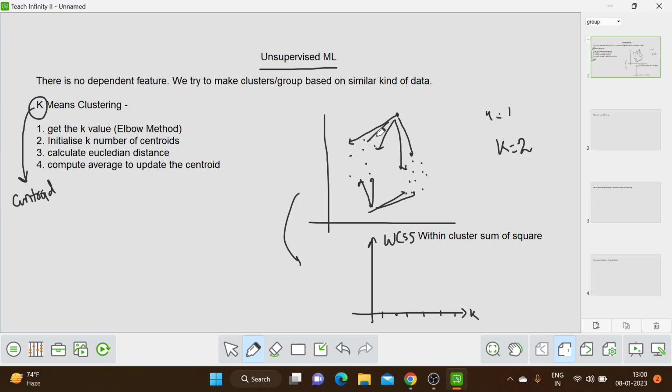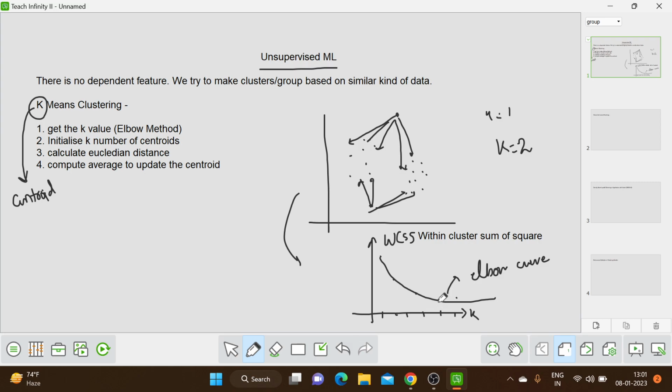So when k equal to 1, I calculate the distance and make it an average. My point comes here. When k is equal to 2, my point comes here, like this. Now if I try to join this, it will become a shape, and this shape is known as the elbow curve.